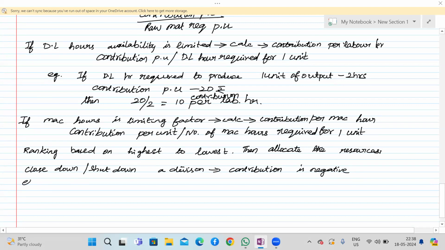Even if I am having 1 rupee of contribution, the division can be continued.